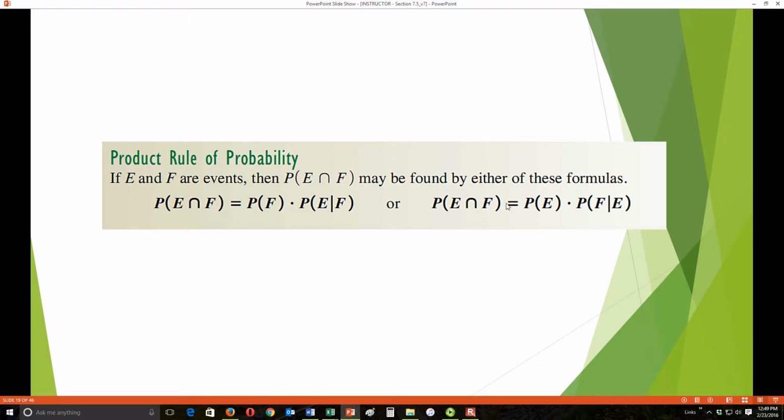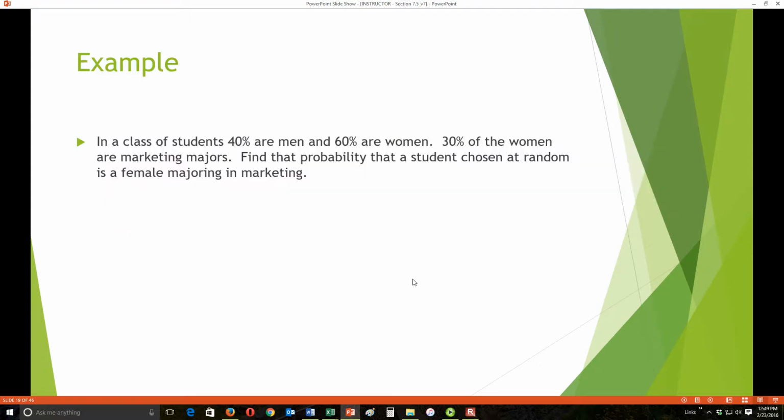So we have 2 ways of calculating these intersections. We just need to know how we pair them up. Notice the individual one, the F here, is the second one in the order here. The E here is the second one in the order here. It is the conditional one.